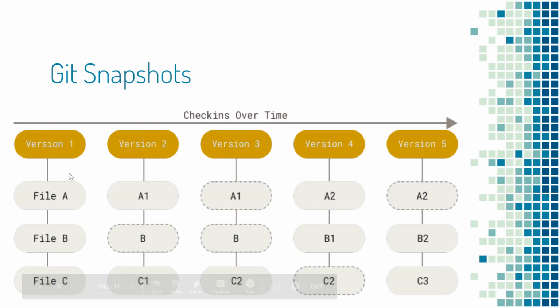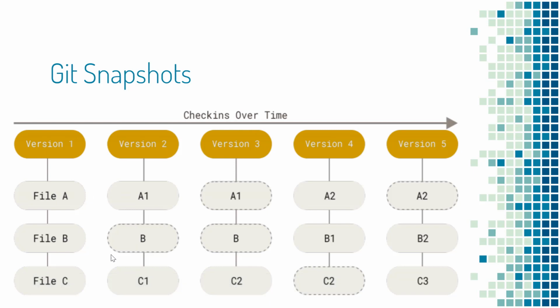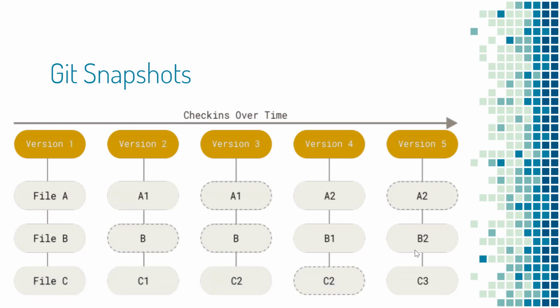Here you have files A, B, and C; if you made changes on A and C, you still take B as part of the snapshot. So in each version, you have a full snapshot of the changes you made on your code repository.